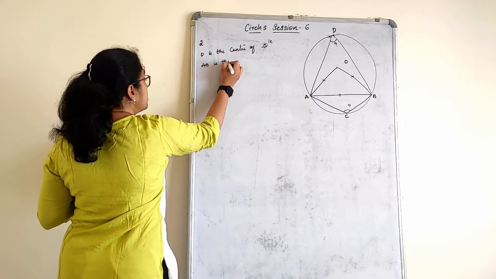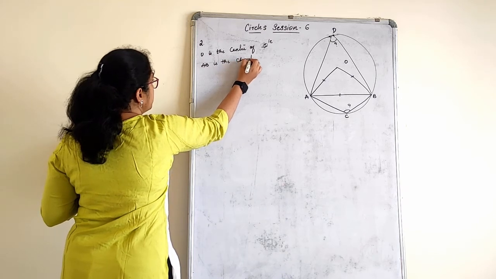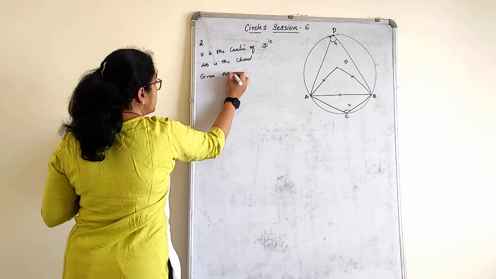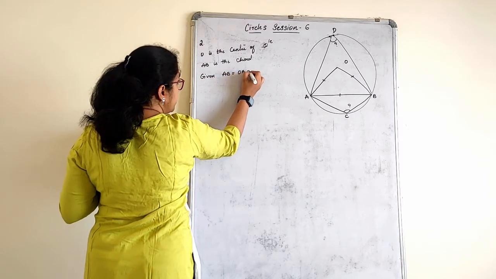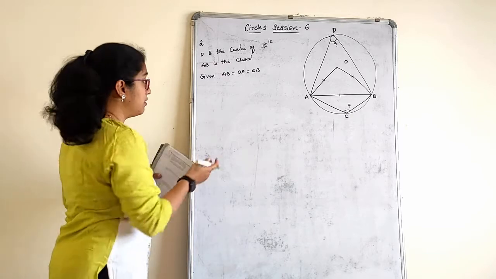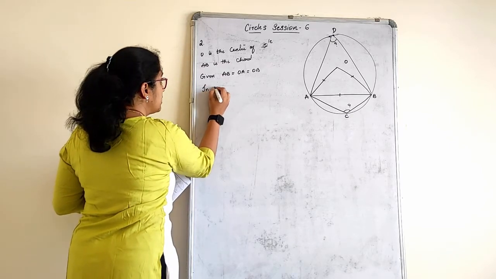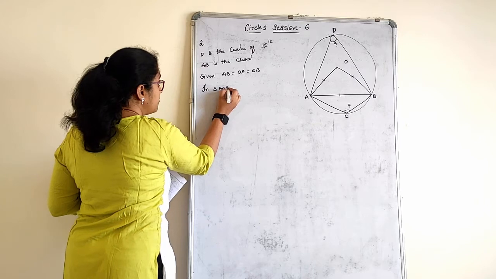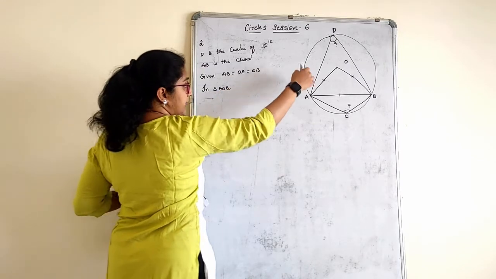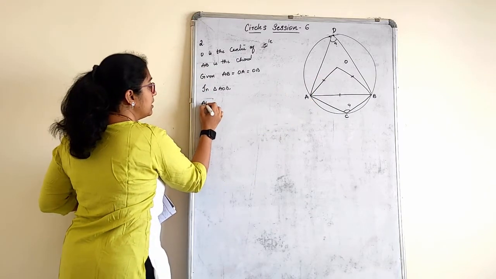AB is the chord. Given: AB is equal to OA equal to OB. The chord is equal to the radius of the circle. In triangle AOB, all the sides are equal.